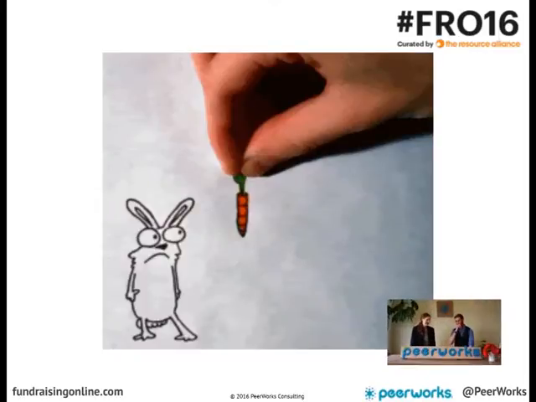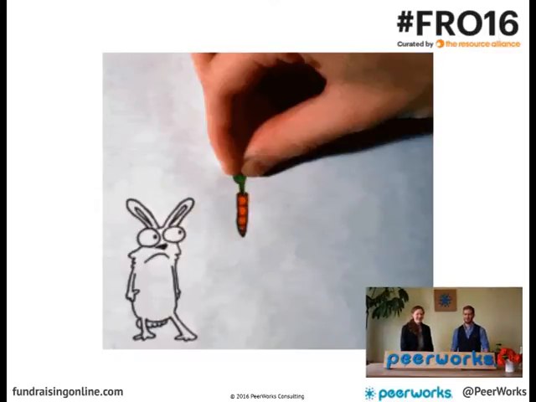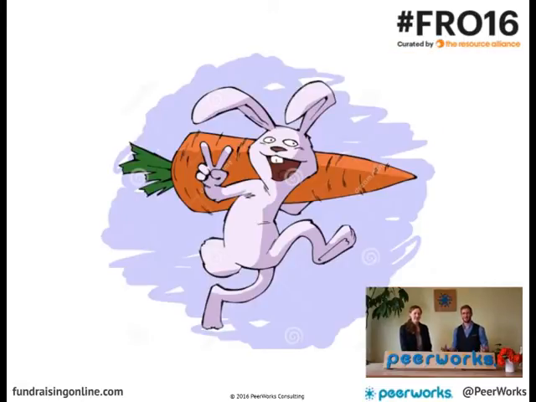So when you close down your computer in a bit, we hope that you got this little funny looking rabbit that is not really interested and doesn't really care about the carrot, that changes into a big happy bunny with a big carrot running away from your event, and that eventually you will be the one with the enormous pot of gold.